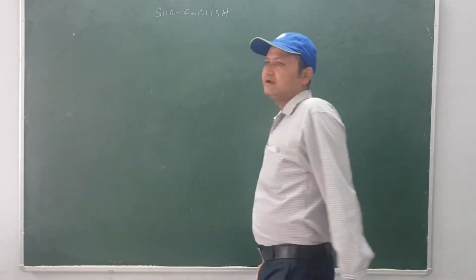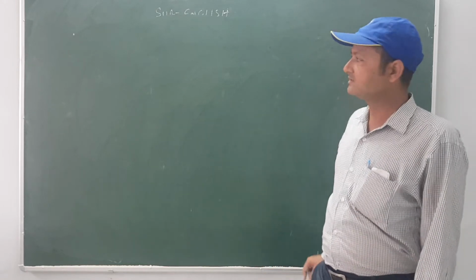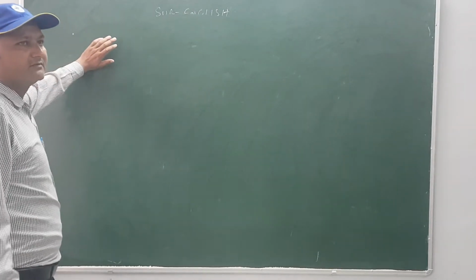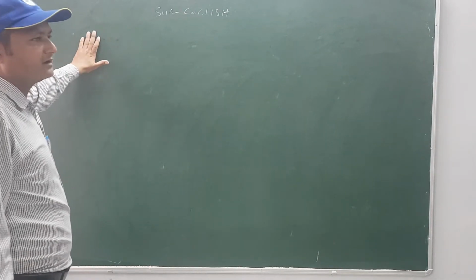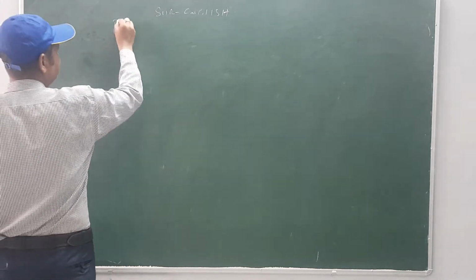Students, I have seen that most of the students commit mistakes in the helping verb. So, in short, I am going to explain each helping verb related to each and every part of the present tense. You can see that present tense is divided into 4 parts.